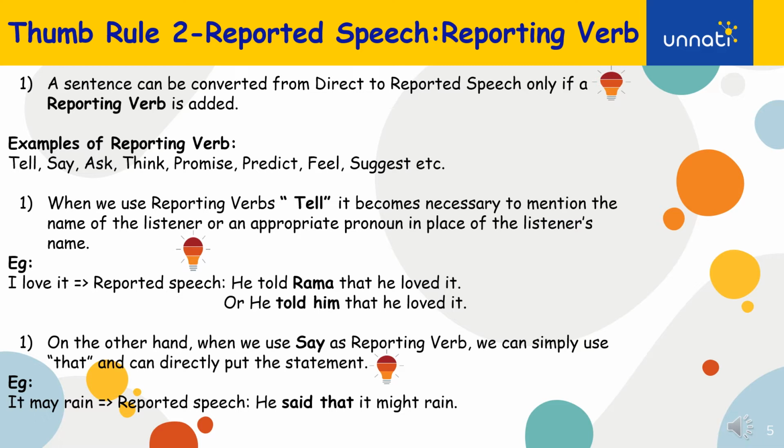For example, if the direct speech is I love it, the reported speech would be he told Rama that he loved it. So we are introducing told, a reporting verb, and a listener's name, that is Rama. If we do not use Rama, we use the pronoun in that place, him.